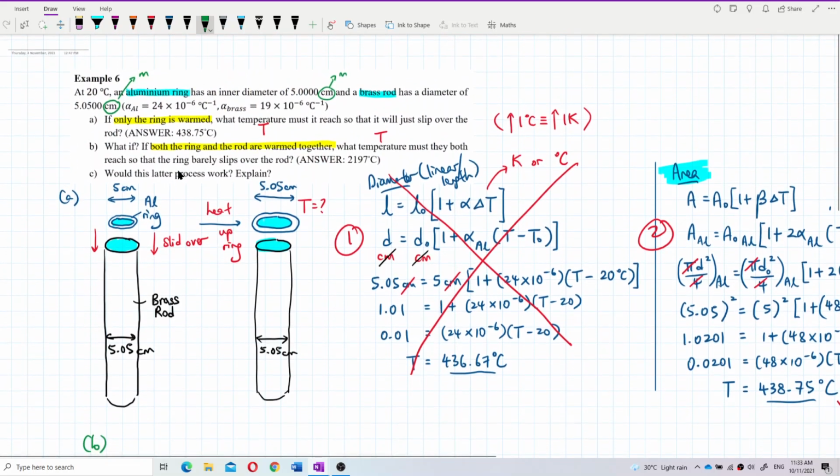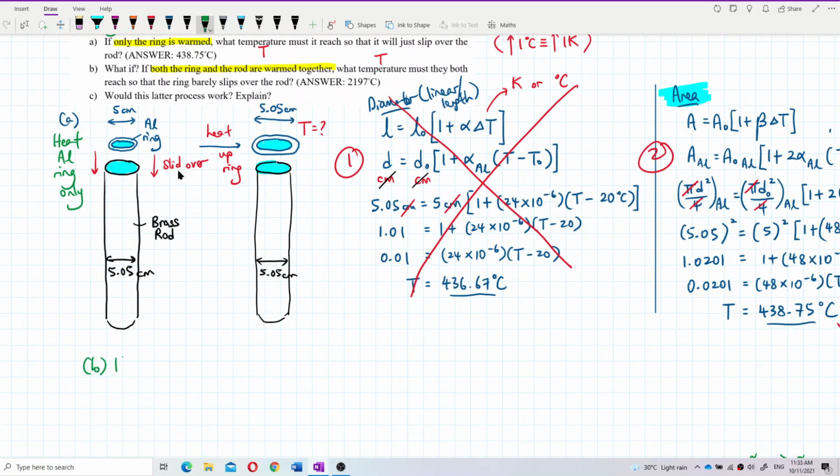Last time, question A, was just heating the aluminum ring only. Now question B is heating both ring and rod together, and both expand.